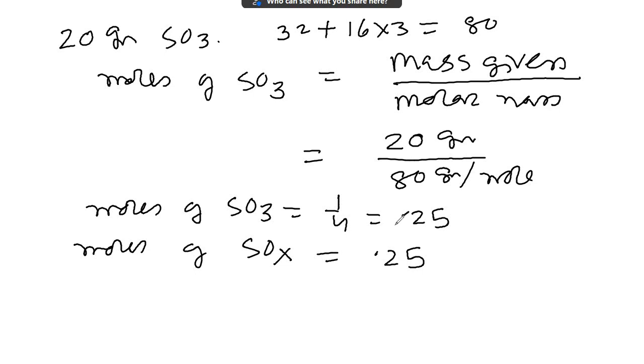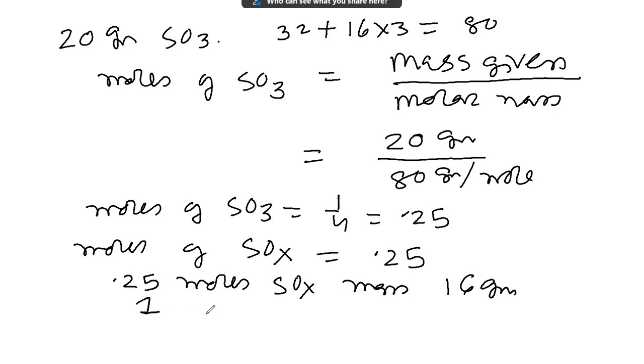Now, in order to get the molar mass, I have to find out the mass for 1 mole. So 0.25 mole of SOX has a mass of 16 gram.